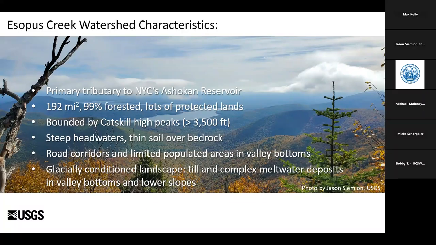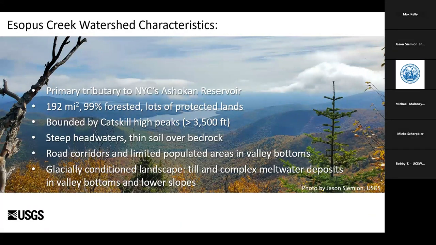So when we have large rain events, between the high peaks and the steepness of the headwaters and that thin soil, the water tends to get transmitted pretty quickly down into the valley bottoms. So we tend to have very flashy hydrographs in this system. Most of the development is down in the valley bottoms where the road corridors are following the stream channels.